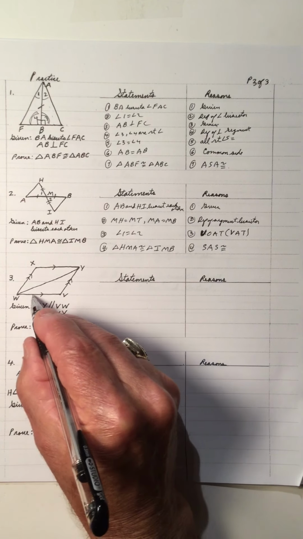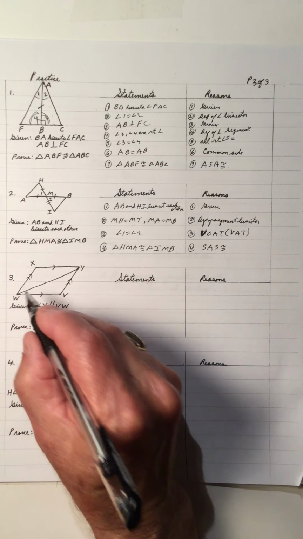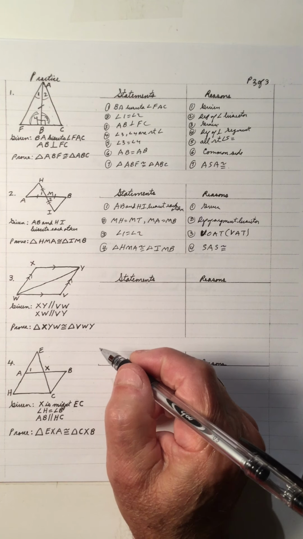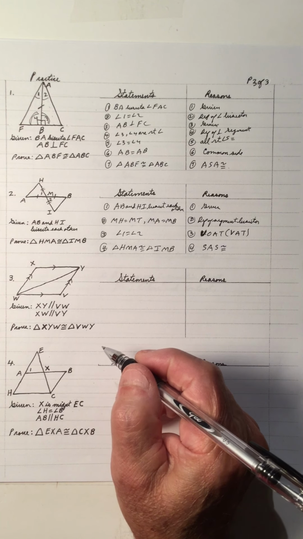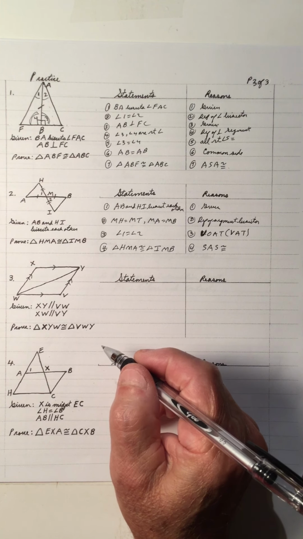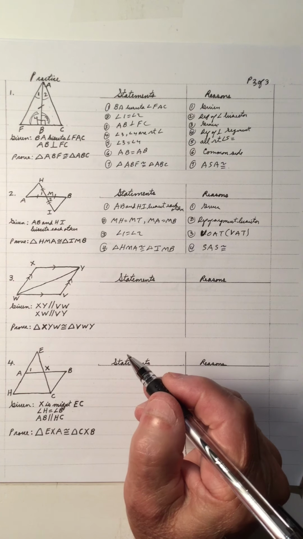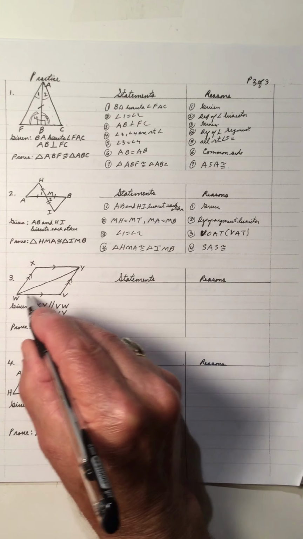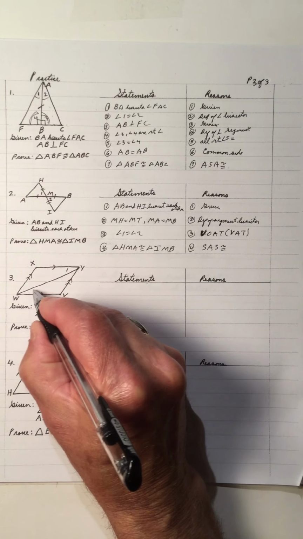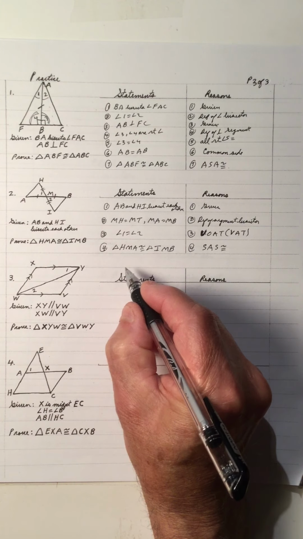So these sides are parallel. These sides are parallel. And how do I get triangles congruent? So I need parallel lines. Remember we said before, parallel lines give us equal angles.